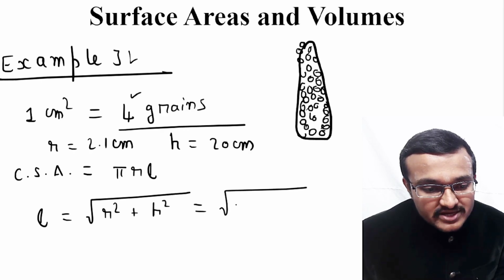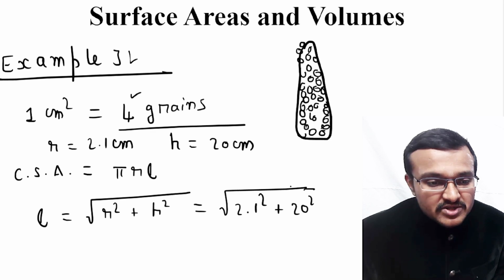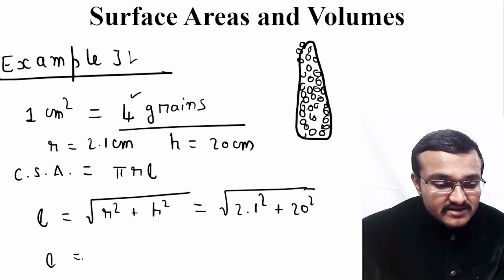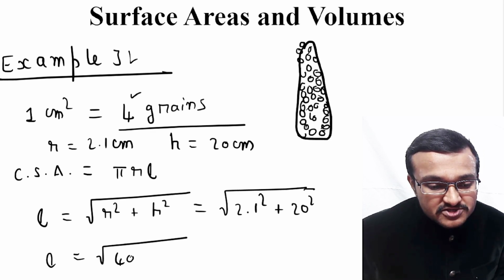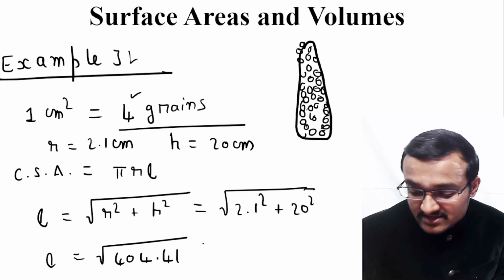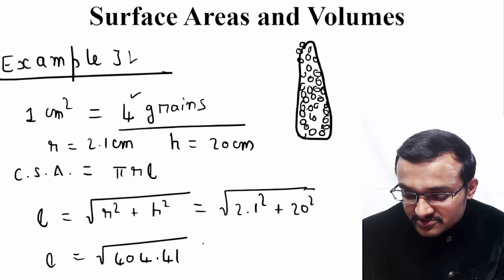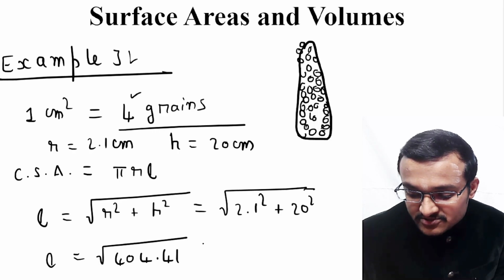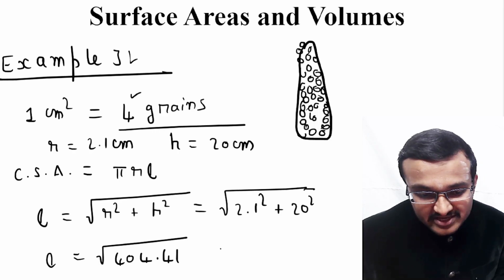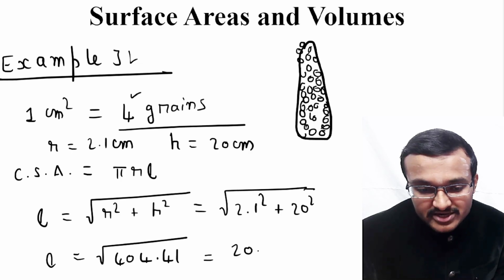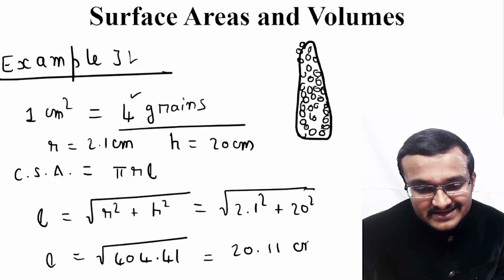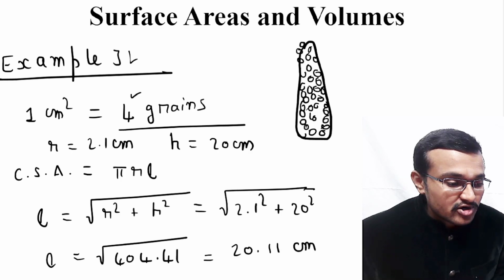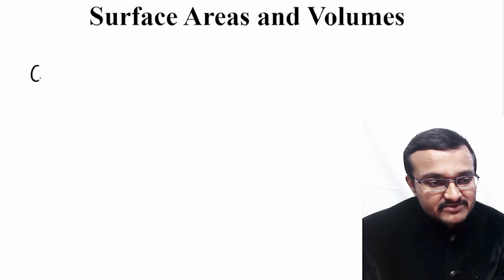So here r square is 2.1 square plus h square is 20 square. So if you calculate this, you will get square root of 404.41. When you take square root of 404.41, it will be equal to 20.11 centimeter. So now we have got L as 20.11 centimeter.